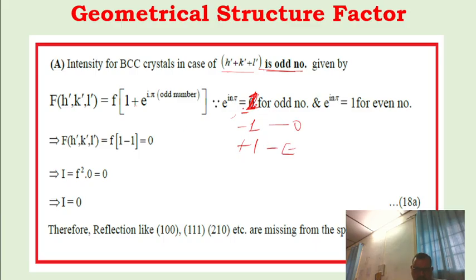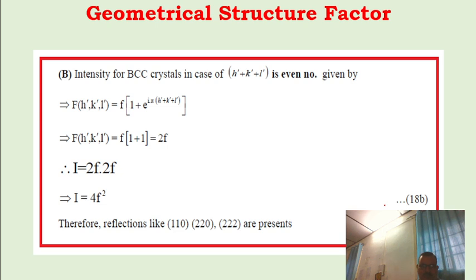Note it, this is minus 1. So exponential iota pi tends to minus 1, then the structure factor tends to 0. It means reflections like 1 0 0, 1 1 1, 2 1 0, etc. are missing from the spectra.